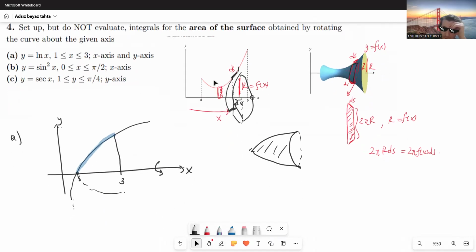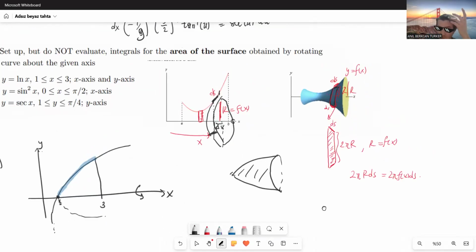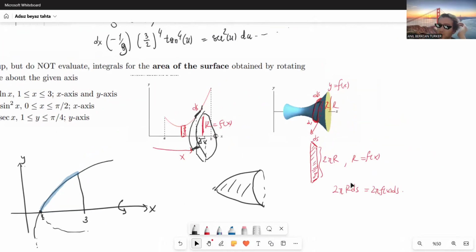So, by the way, I didn't write the formula, only the ds part. So this whole surface area is equal to, whatever the boundaries you are taking from a to b, 2 pi f of x, and we have ds.